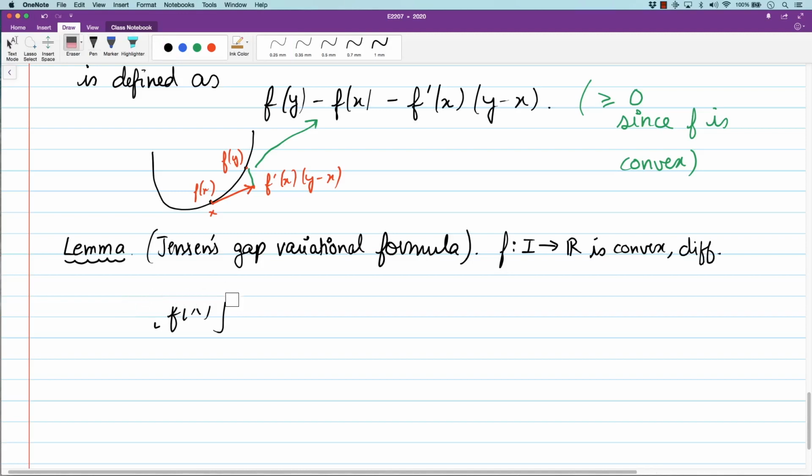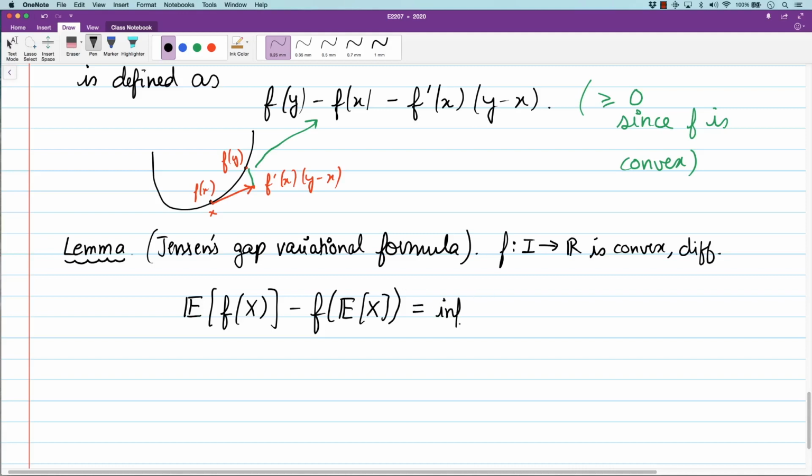Now we consider what I'm calling the Jensen's gap: the expected value of f of x minus f of the expected value of x. By Jensen's inequality, this quantity is non-negative. What we are claiming is that we can write a variational formula for this quantity. It's the infimum over all a in the domain of f, so the best constant a that you can choose, of the expected value of f of x minus f of a minus f prime of a times x minus a.